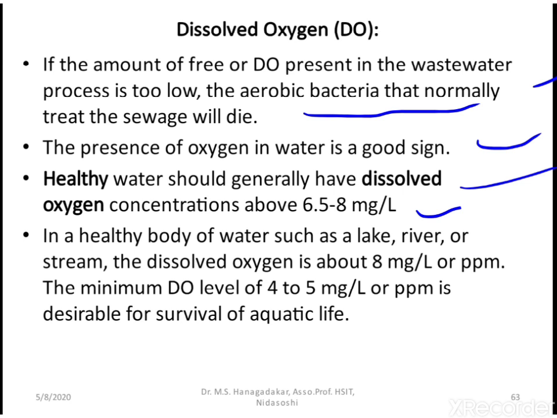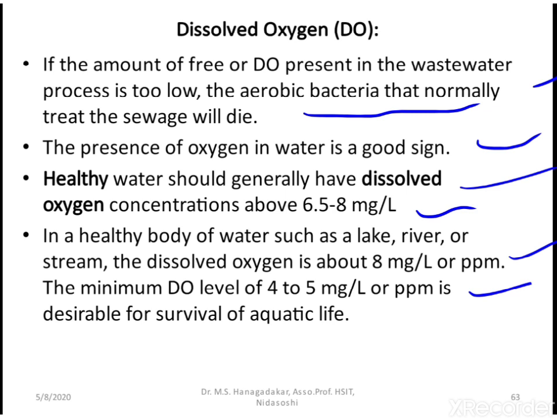What do you mean by healthy water streams? Healthy water streams, like lakes, rivers, etc., are where the dissolved oxygen level must be up to 8 milligram per liter or 8 ppm. As per the Bureau of Indian Standards, the desirable limit of dissolved oxygen level must be 4 to 5 milligram per liter for the survival of aquatic life.